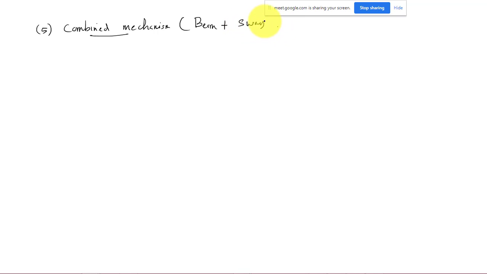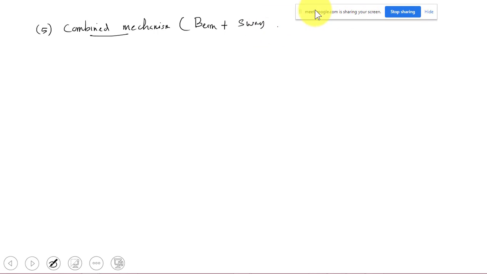Another one is called combined mechanism. We will explain all these in the numerical example. Simply, you can say it is a combination of beam mechanism plus sway.